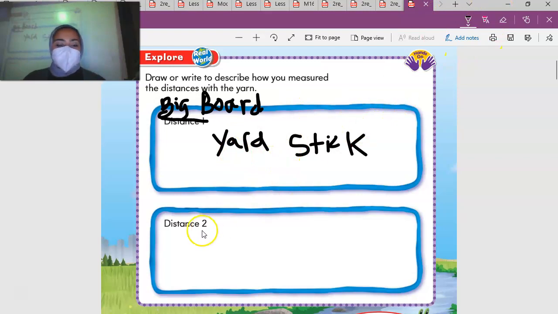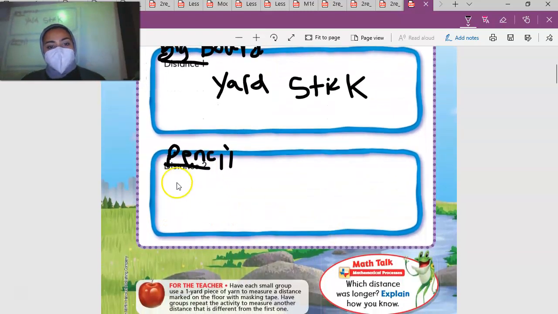And shorter areas, let's say like your desk or your pencil, that would need to be measured with what? An inch ruler. A pencil would be measured with an inch ruler.